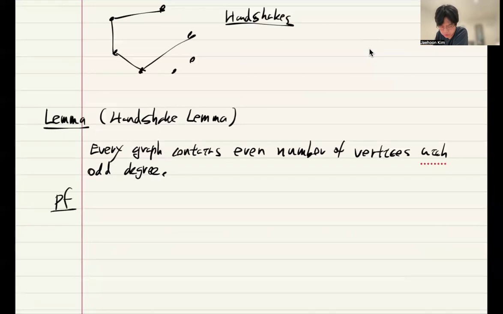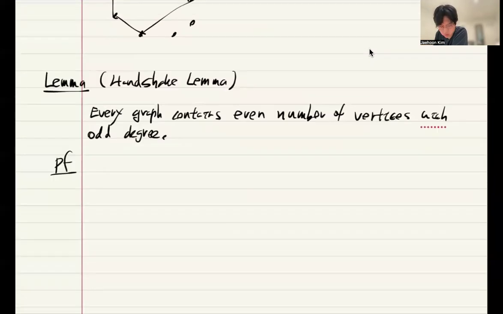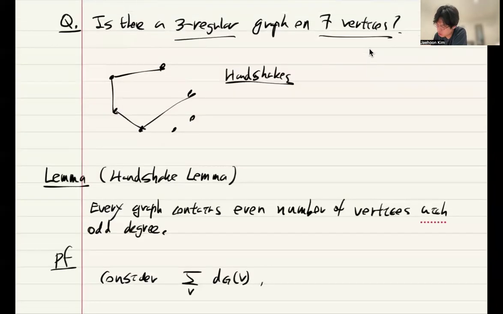And how do we prove this? We consider the summation of all the degrees of the vertices in G. Maybe I'll just write it here. Then what do we get? So you have this graph. From this vertex, you count these edges.